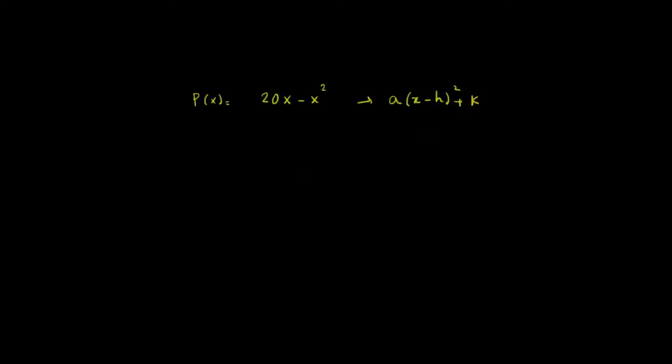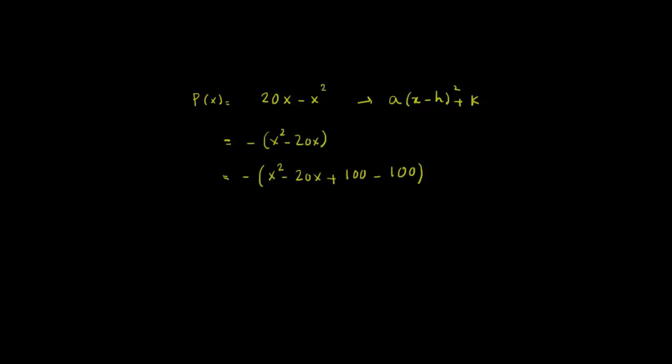To see if this makes any sense, let's take our cost function P of x, which is 20x minus x squared, and write it in the standard quadratic form, a times x minus h squared plus k, where a, h, and k are numbers which we're going to find out from this expression. So we're going to complete the square here.